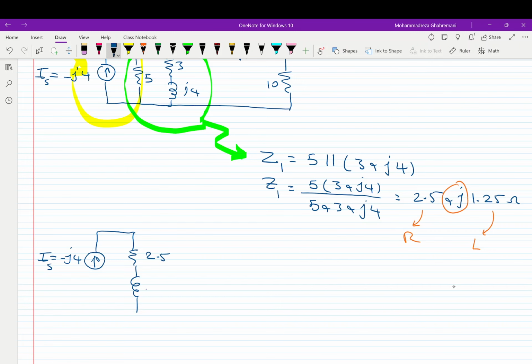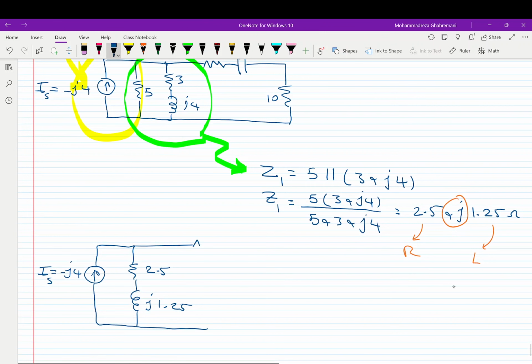Resistor is 2.5, inductor is j1.25, and we have a 4 ohm resistor here, negative j13 ohm capacitor, and 10 ohm resistor, and here is Vx.